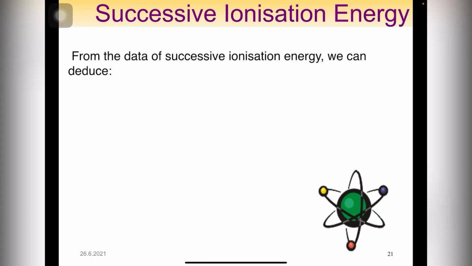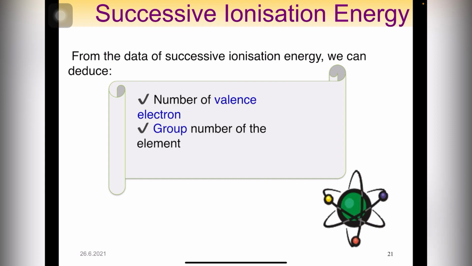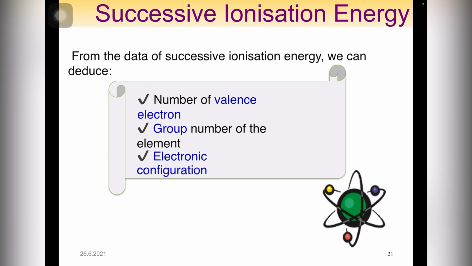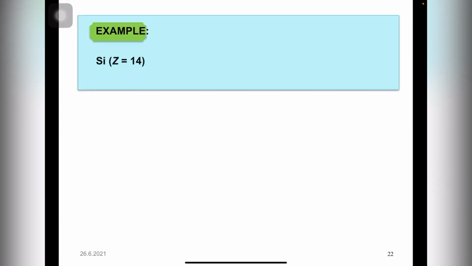Successive ionization energy. From the data of the successive ionization energy, we can deduce the number of valence electrons. Thus, you will know the group number of the element, and you can also determine the electronic configuration. For example, silicon with proton number 14.